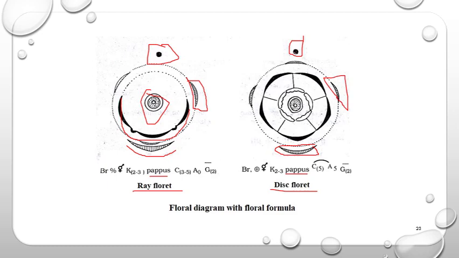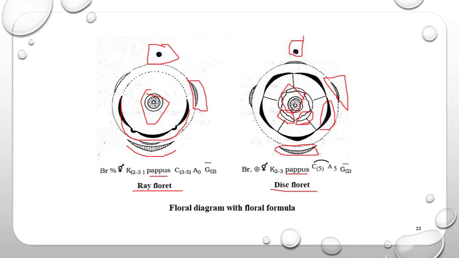These black shaded structures indicate the petals, and these petals are fused together, or they merely touch, so they show valvate aestivation. After this, here we have the androecium, the male reproductive part, and in the center we have a gynoecium that is bicarpellary, syncarpous, and the ovary is inferior in this case.